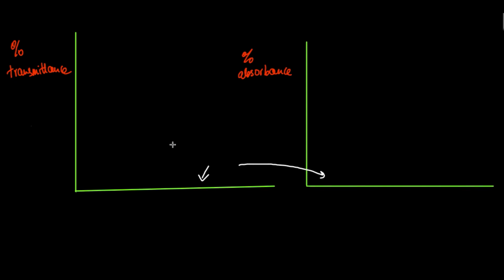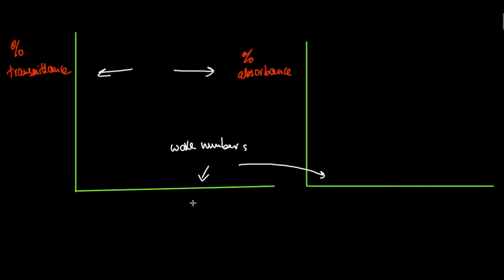The x-axis will always be labeled as wave numbers. Okay, keep that in mind. But the y-axis is what differs. On the left hand side you can see that the y-axis has been labeled as percentage transmittance, but on the right hand side they have been labeled as percentage absorbance.